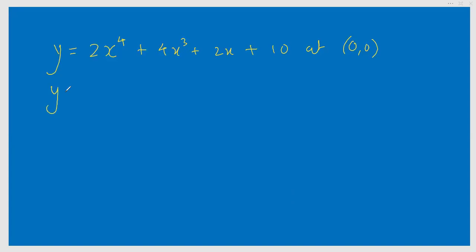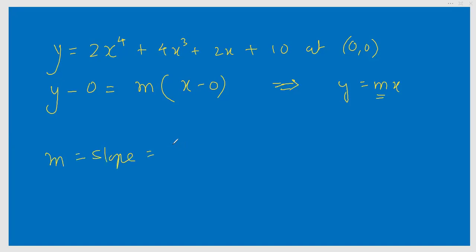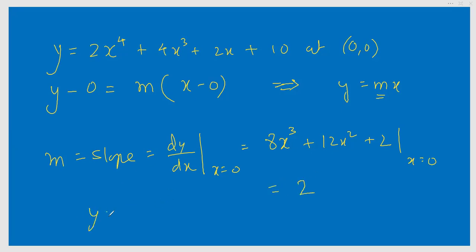So we will write the equation of tangent as y minus 0 is equal to slope times x minus 0, so y is equal to mx. But how to get this m? Again, m is the slope, given by the differentiation of y with respect to x, and then plug in x is equal to 0. If you do it, we get 8x^3 plus 12x^2 plus 2. Plugging in x is equal to 0, you will get 2. So our answer is that the equation of tangent is y is equal to 2x.